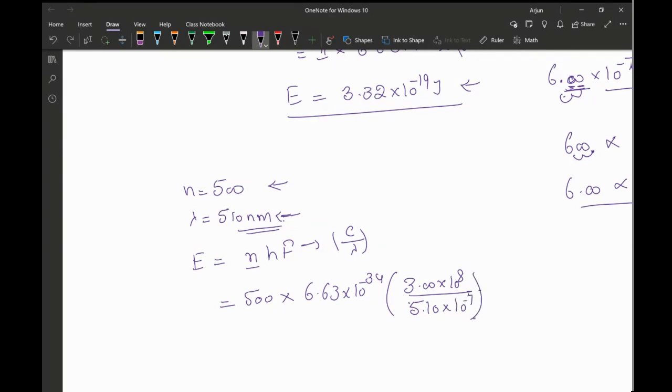Once you do the calculation, the value will come out to be 1.95 times 10 raised to the power negative 16 joule. So 500 photons of light with this wavelength carry this much energy. So hopefully you understand how to simplify these questions.